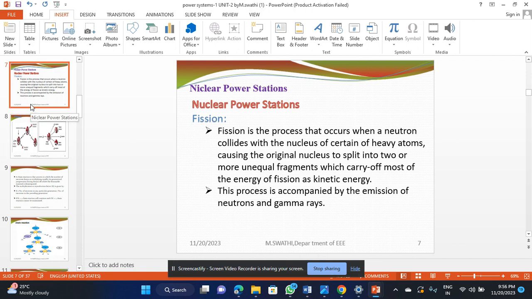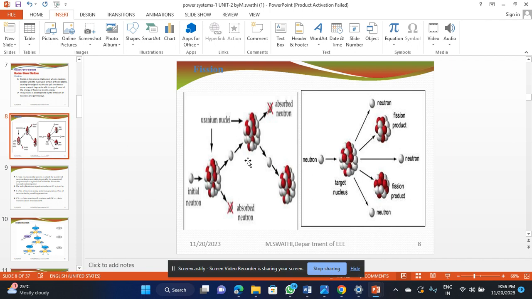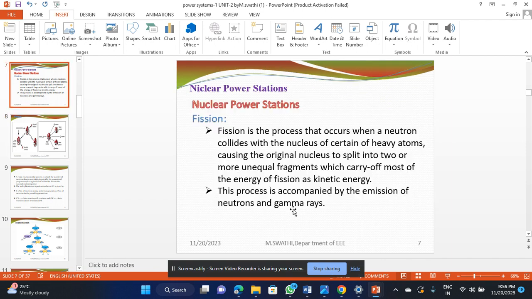Okay, so this is our fission process. If you see the diagram, a heavy nucleus, when bombarded with one neutron, is split into two or more nuclei and three neutrons. It releases heavy radiations, that is gamma and alpha radiations.